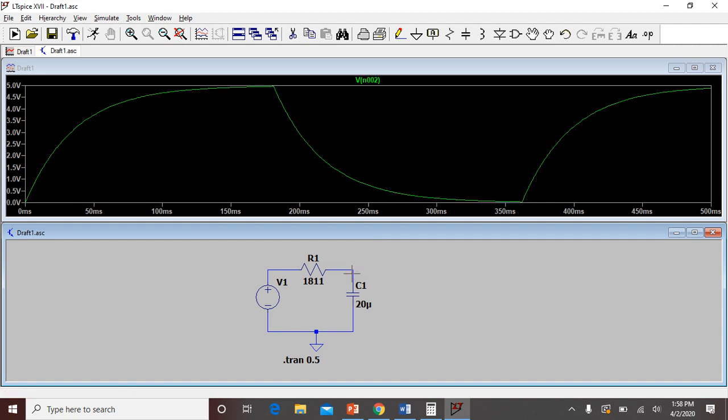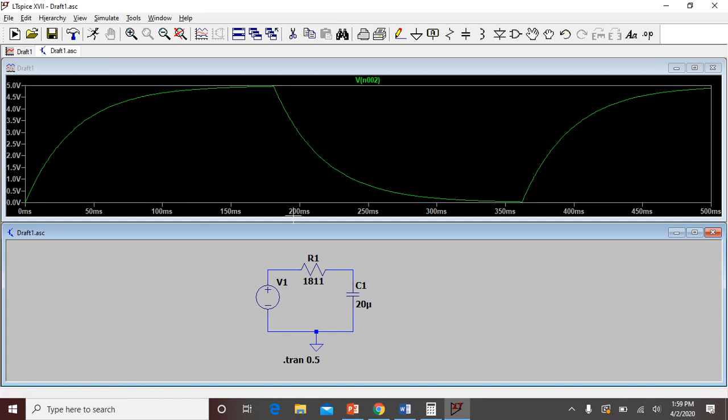Now we have seen that this voltage has got fully charged at this point, and once it is fully charged, it will start discharging. Then again the cycle repeats. How do I know that it has got fully charged? Because at this point its voltage is equal to the supply voltage.